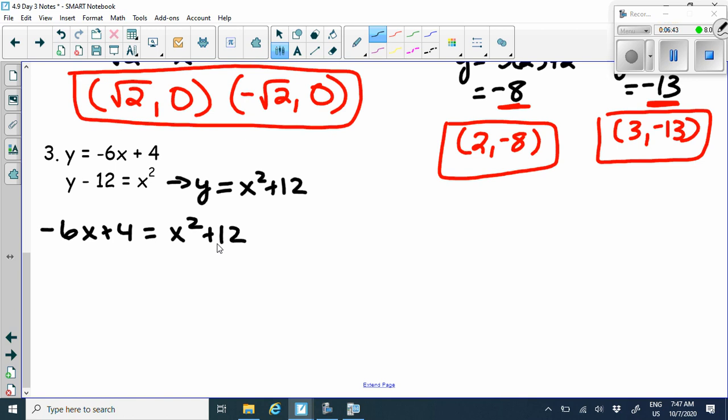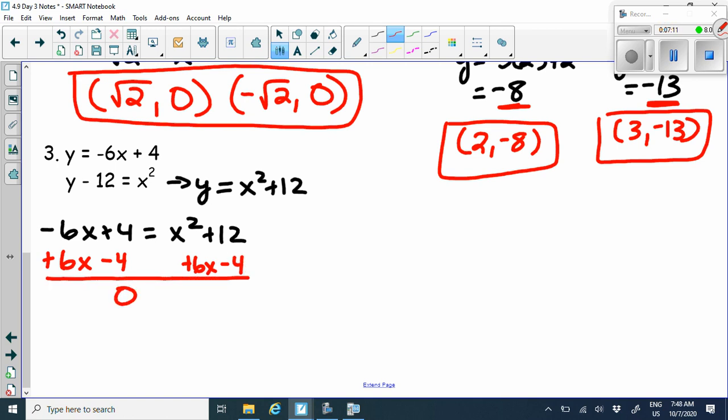So because we have that x term, we are going to factor. And in order to factor, we need to set this equation equal to 0. So to keep my x squared positive, I'm going to move everything. So negative 6x plus 4, I'm going to move that to the right-hand side. So I'm going to add 6x and subtract 4 from both sides. Be careful when you're adding like terms, okay? So I get 0.